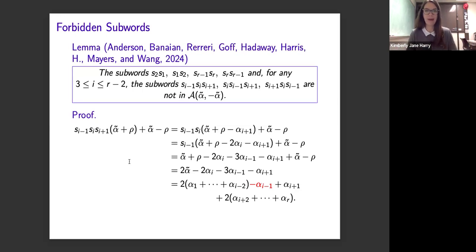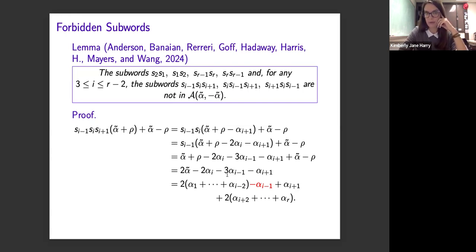Again, we play the same game. We put it through there. And if you look all the way down here, I have my highest weight, so I have 2 of those. It doesn't matter that I'm subtracting 2 alpha i's, because that doesn't cause any problems. It doesn't matter that I'm subtracting an alpha i plus 1, because I have 2 of them. But the problem comes when I'm looking at my alpha i minus 1.